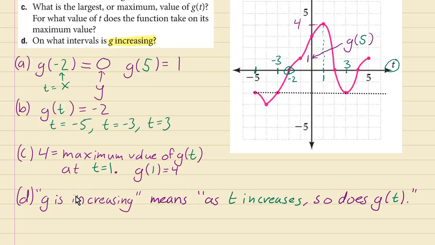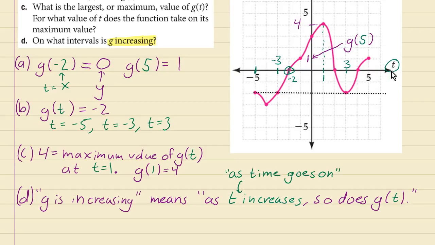It means as t increases, so does g of t. And a lot of the time, t represents time. It's really commonly used as a horizontal axis variable because as time goes on, we read in the Western world from left to right.